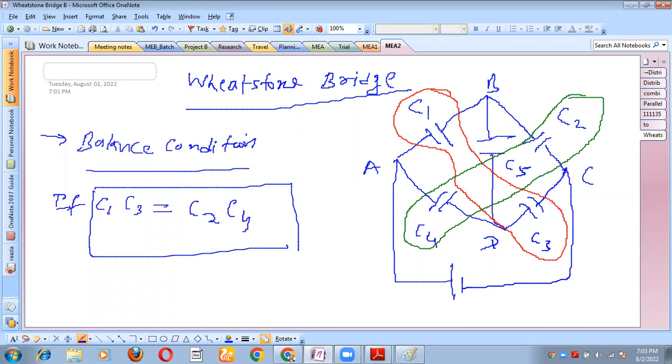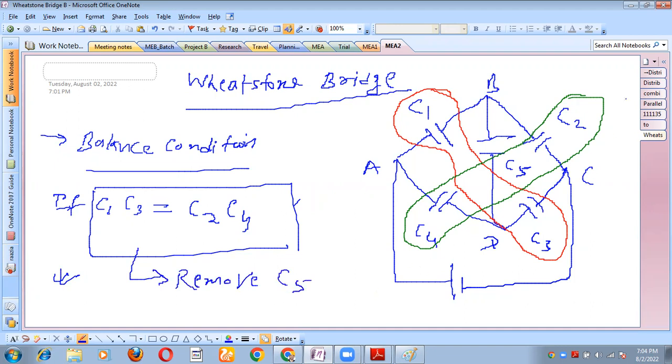Merely remember that if the multiplication of opposite side capacitors is equal, then the bridge is balanced. And in that case, we can remove C5.